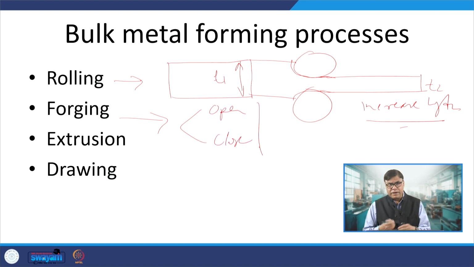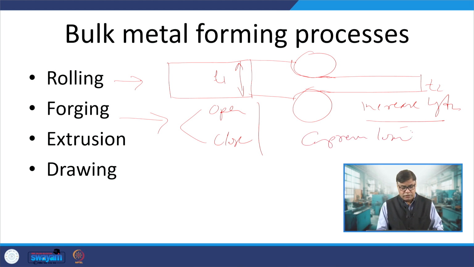So, what happens, we can apply compressive load for forging purpose, and the compressive load can be applied in two ways. It can be applied using either manually operated hammers or power operated hammers. So, that is one.